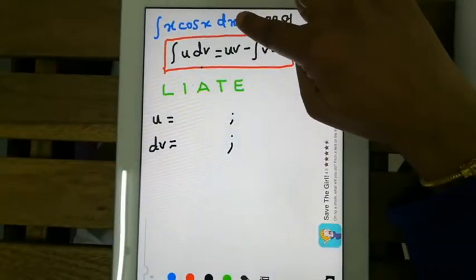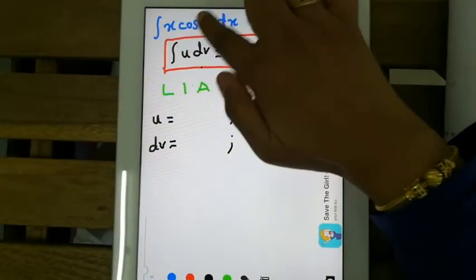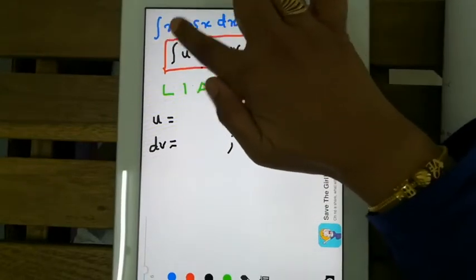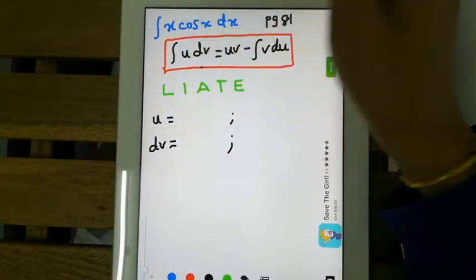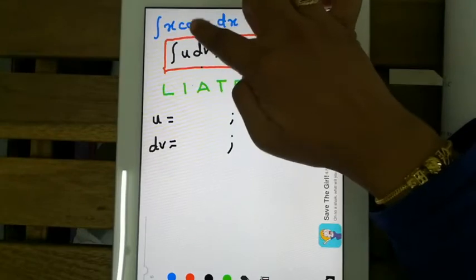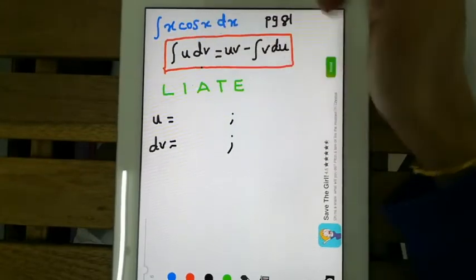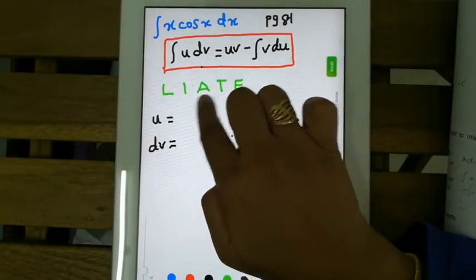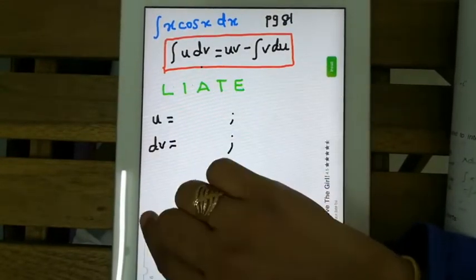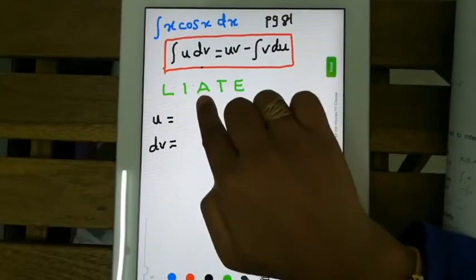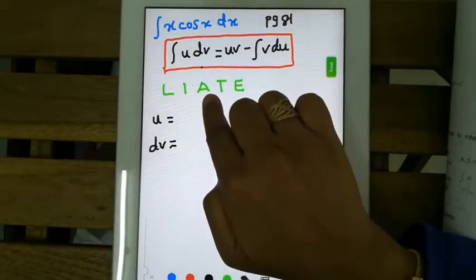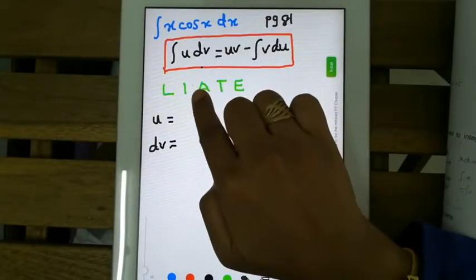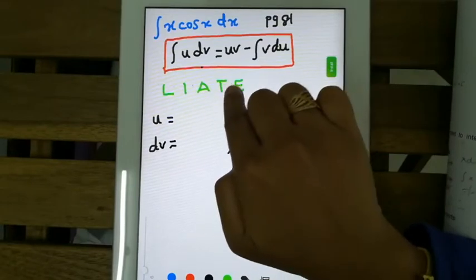Back to the question here, we have x and cos x. x is an algebraic expression, whereas cos x is a trigonometry function. According to this rule of thumb, who appears first? It is A, the algebraic, which comes before the T, the trigonometry.